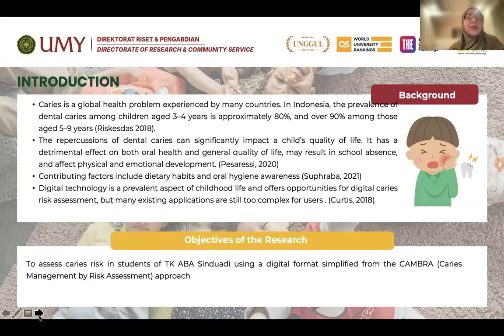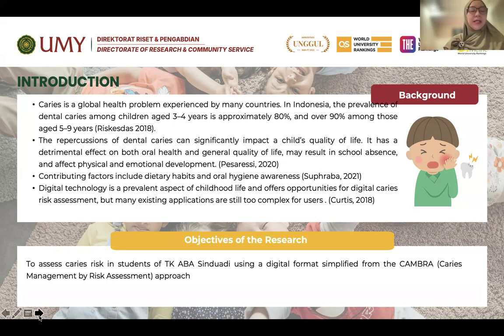I'd like to explain the background of why we do this project. Dental caries is a major global oral health problem. According to WHO, it is still the most common chronic disease in children worldwide.